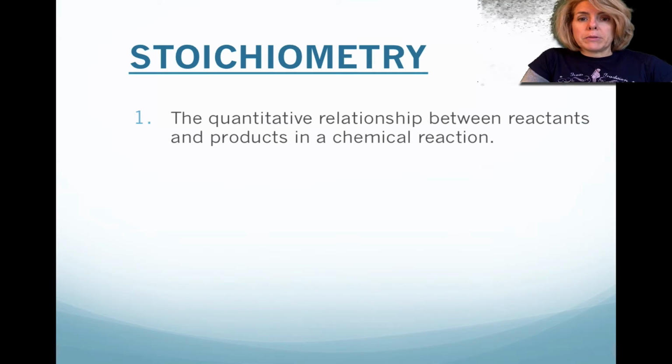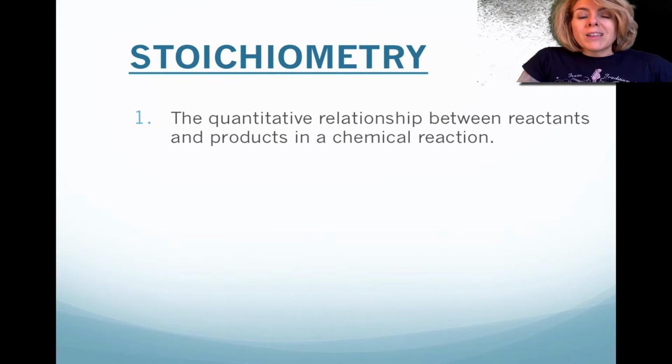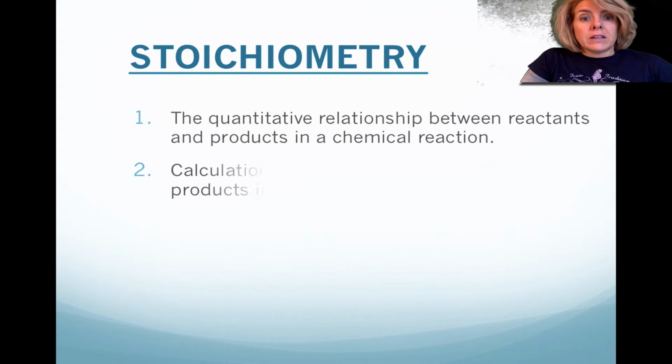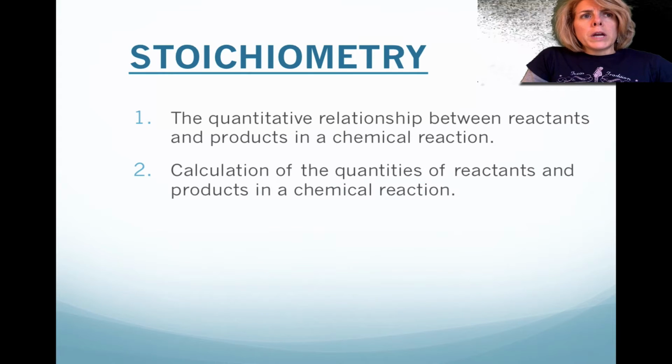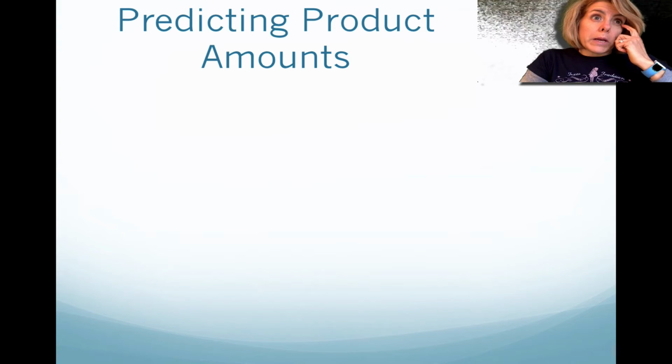Okay, so stoichiometry. I know it's a very big sounding word, but all it is the relationship between reactants and products. And you've been doing that already with some of your equations. This is where it gets to be a little bit of a challenge. We're looking at calculations. We want to know how much do we have of a product or how much do we start with in a reactant. So think about it this way.